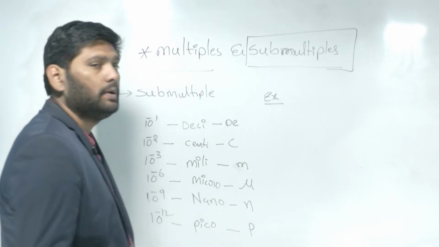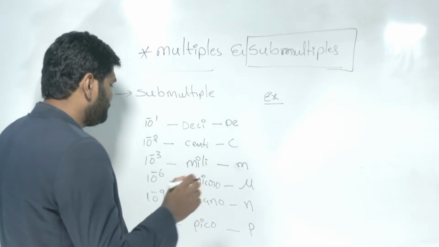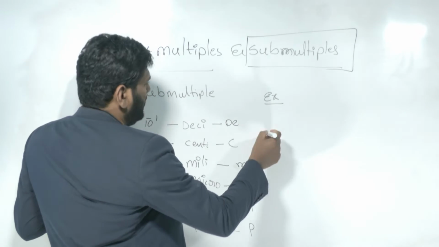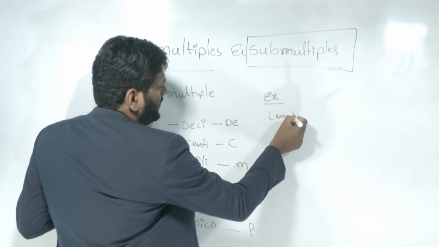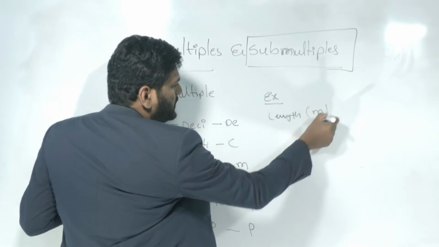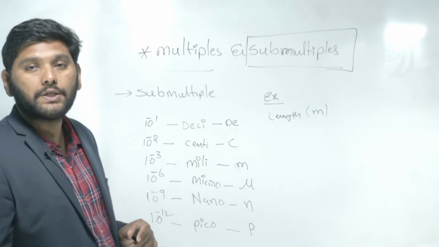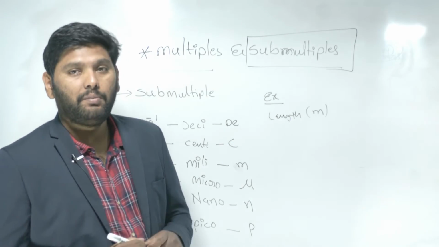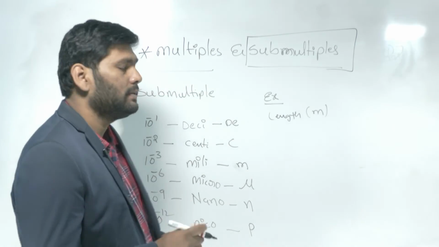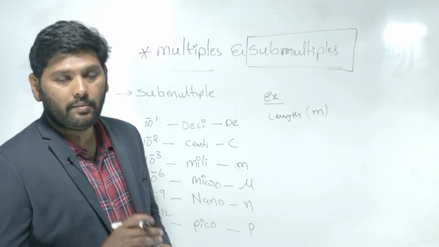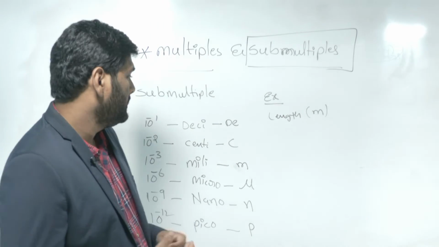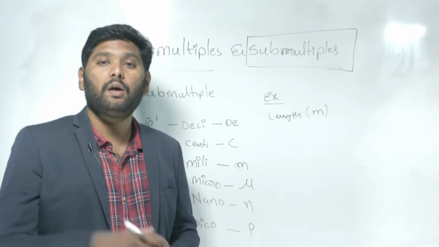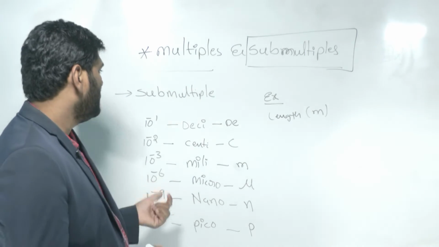The first example, let me take length. Generally, the SI unit for length is the meter. So how do you express this length in terms of submultiples?